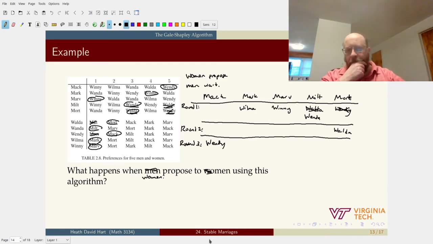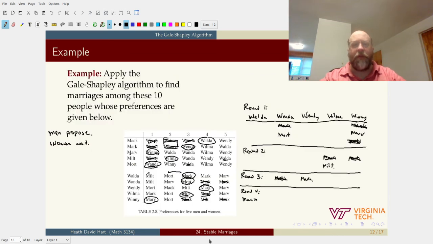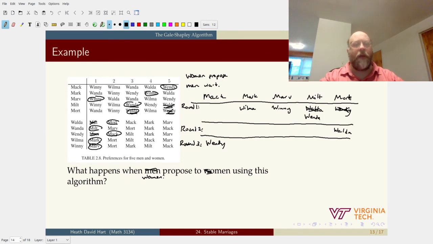All right. One of the things I want to notice here is that when men did the proposing, 3 of the 5 men got their first or second choice, and only 1 of the women got their first or second choice. But when women did the proposing, all 5 women got their first or second choice, and only 1 man did. And so there is an advantage to being the proposer.